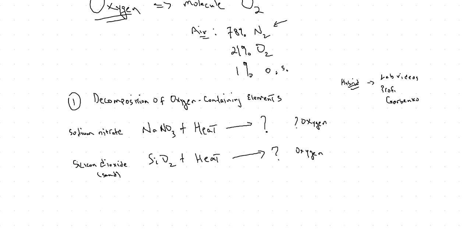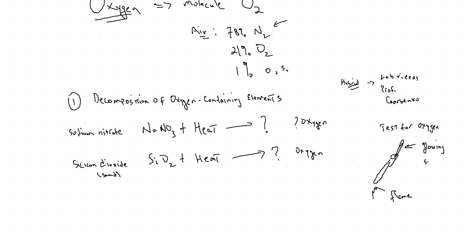Now the test for oxygen. Don't mix this up now. If you have a test tube, there's my test tube, and that's my flame. If oxygen is given off, what you do is you put in a glowing, not a burning, a glowing splint, piece of wood.